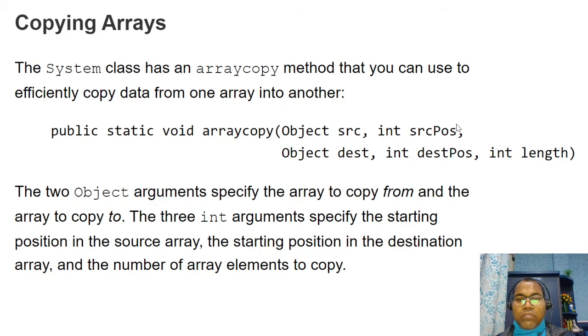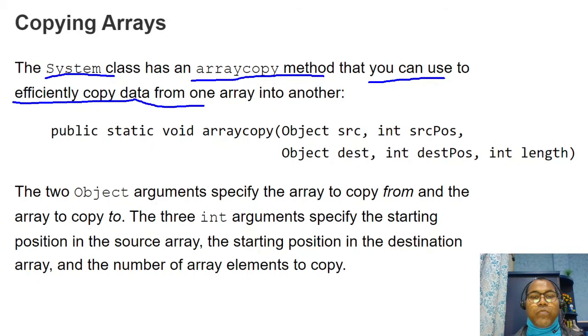Sometimes when we are working on arrays, we have multiple arrays, and I want to copy some content from one array to another array. For that, the System class has a method, the arraycopy method, which you can use to efficiently copy data from one array to another.